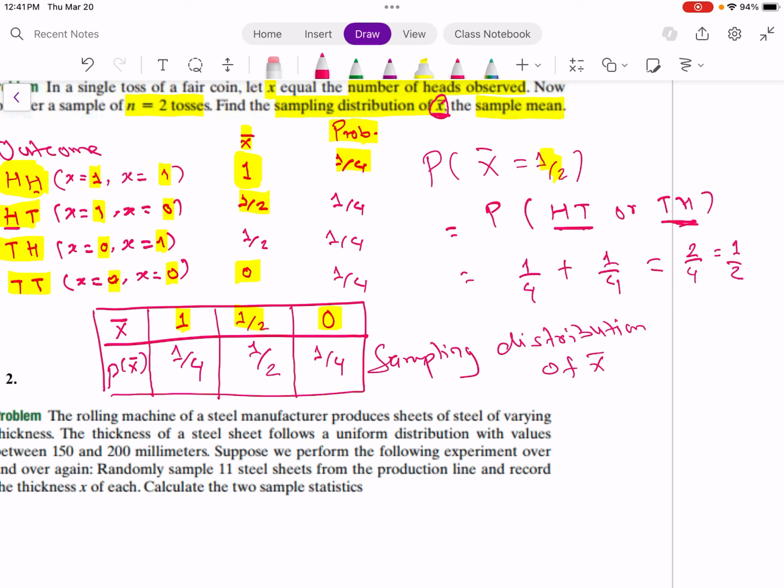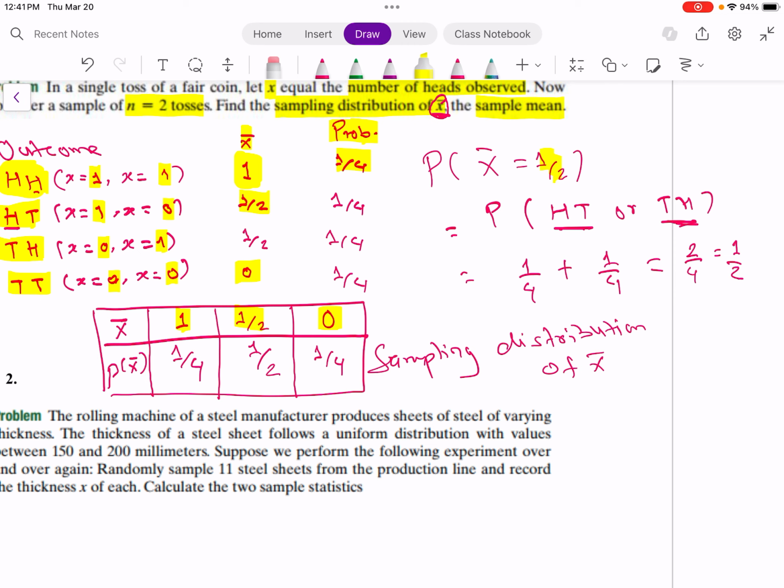The first property is about the probability of each value of x bar. It has to be greater than or equal to 0.